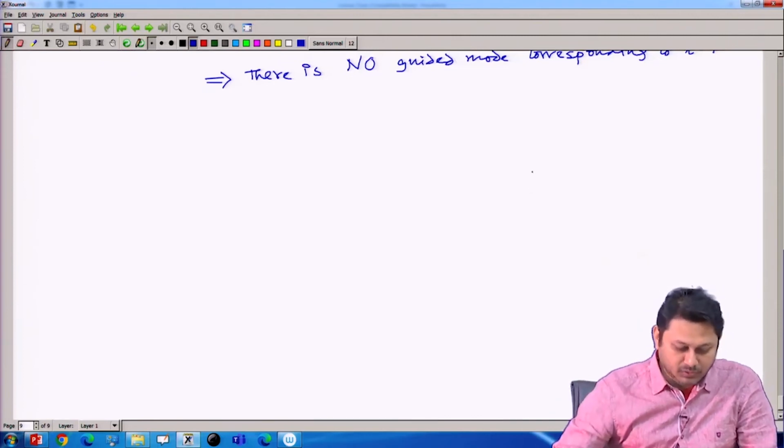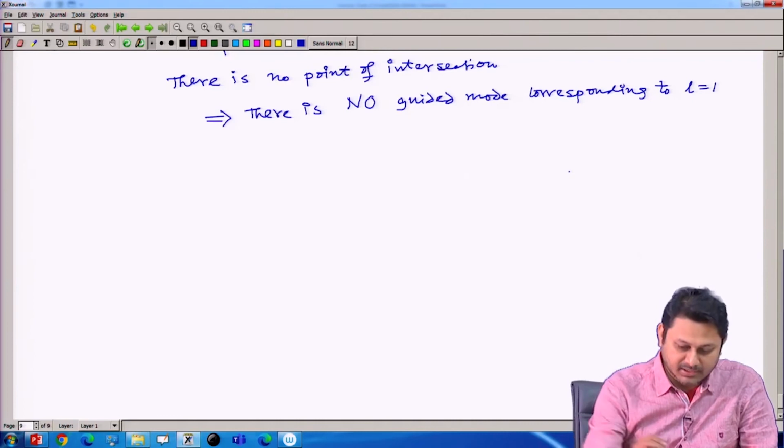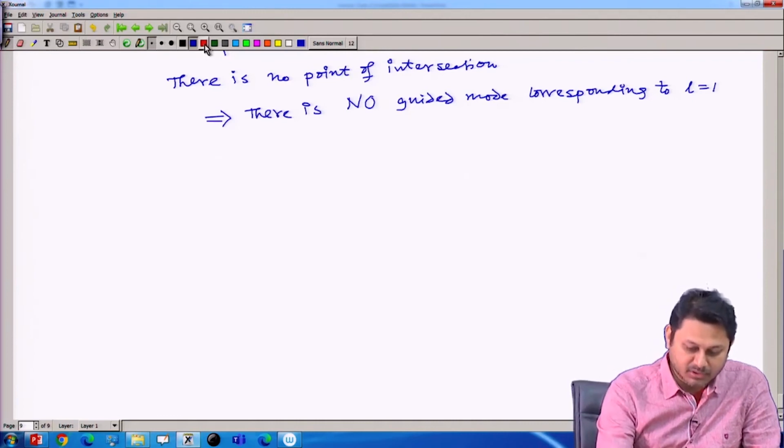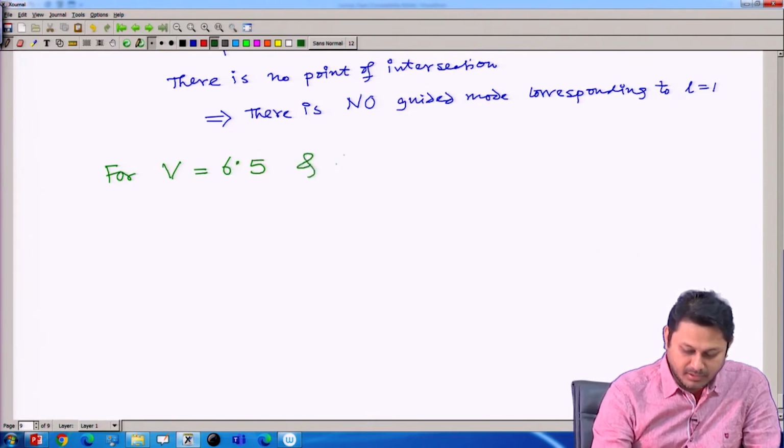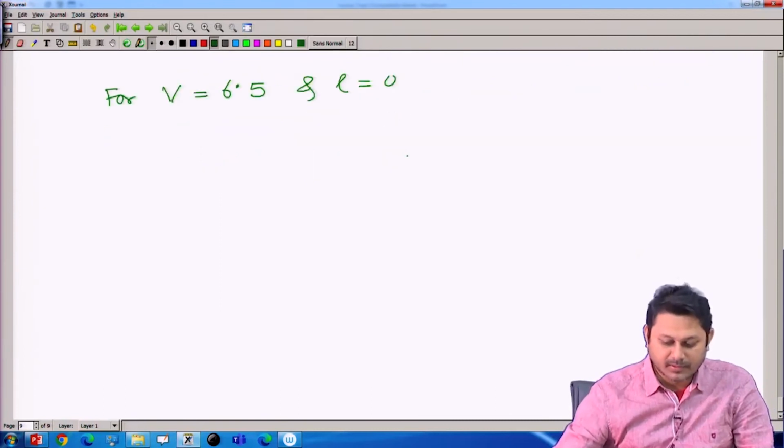I can do it also for a higher value of V, then it is interesting. So, let us put say V equal to 6.5 and try to find out for L equal to 0.